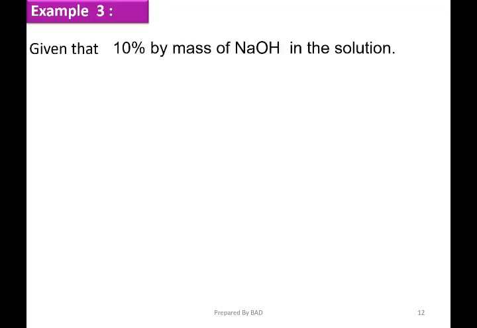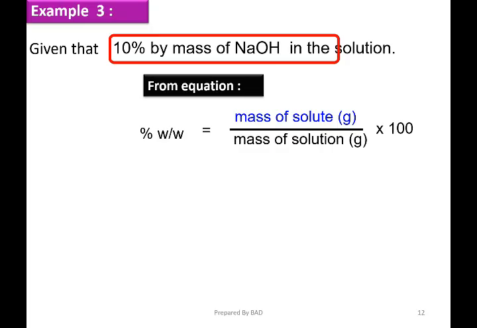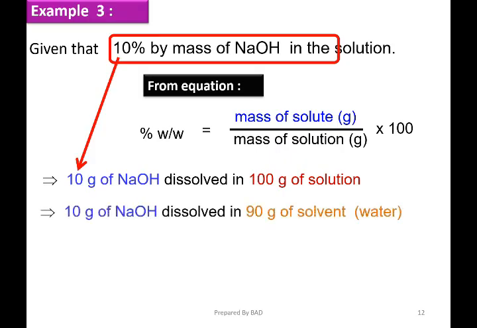Let us look at example 3. Given that 10% by mass of sodium hydroxide in the solution. According to the formula percentage by mass, the mass of solute in gram divided by mass of solution in gram multiplied by 100. It shows that 10 grams of sodium hydroxide dissolved in 100 grams of solution, or 10 grams of sodium hydroxide dissolved in 90 grams of solvent, which is water.